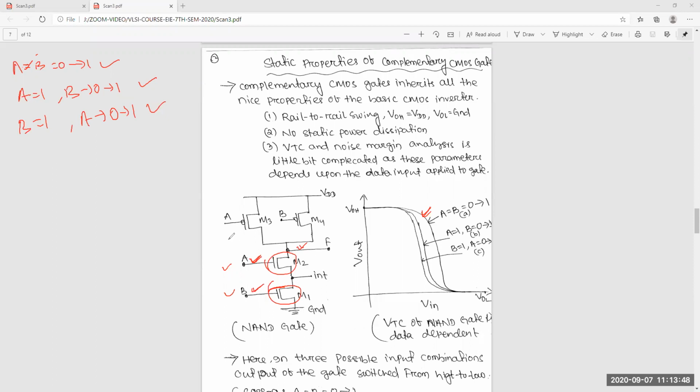In these 3 conditions we will get 0, meaning the output goes 1 to 0.